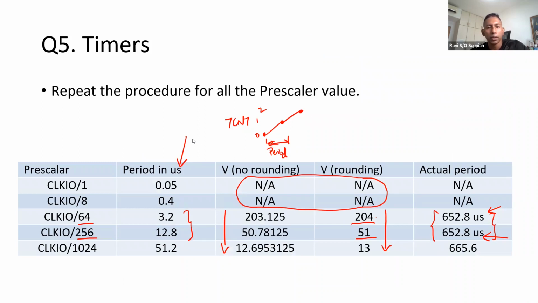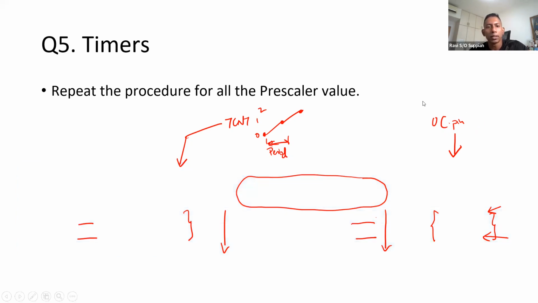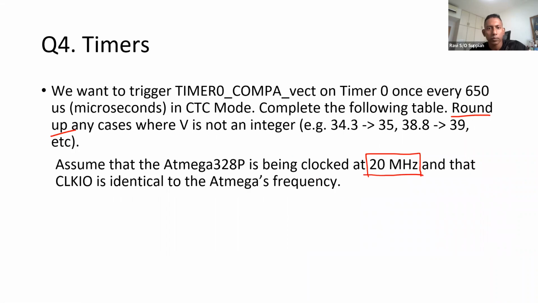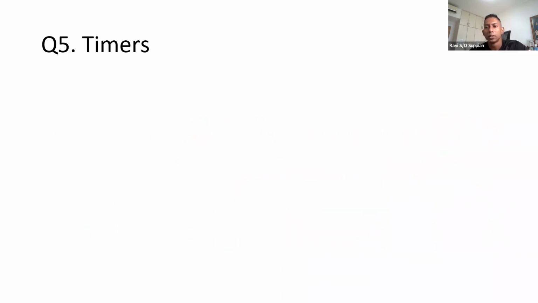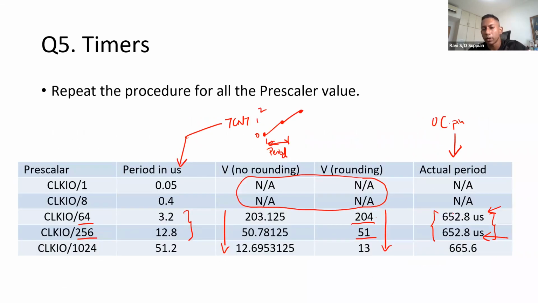So this is the period of the TCNT register, and this is the actual period coming out on the output compare pin. We are operating in CTC mode, so every 652.8 microseconds, the output compare pin will be triggered.